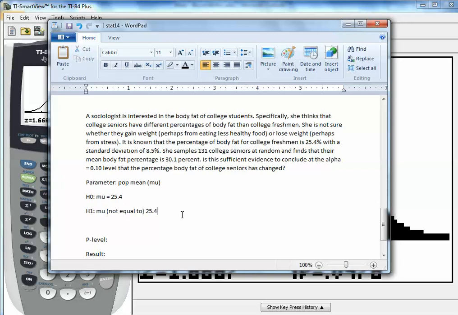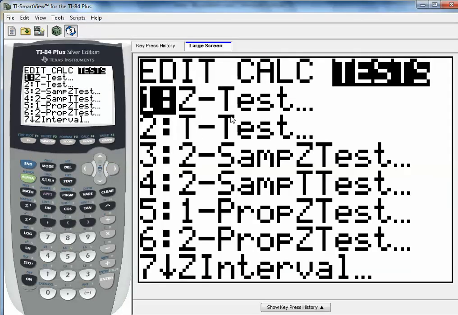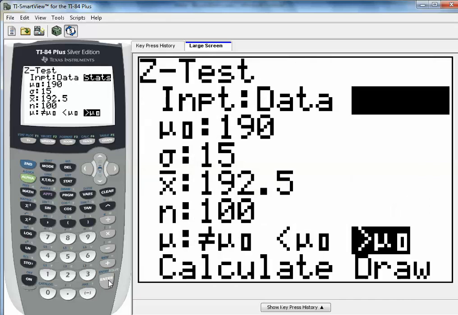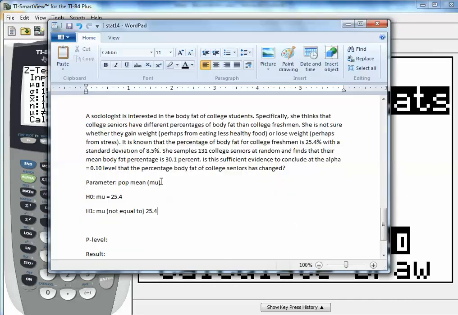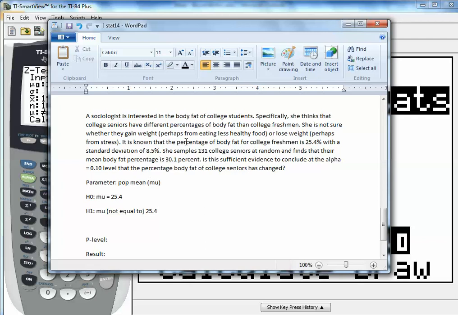So we need to find the P level for this, and that, again, is back in stat tests. You can hit ZTest right here. This time, our mu is 25.4. Our standard deviation is 8.5.